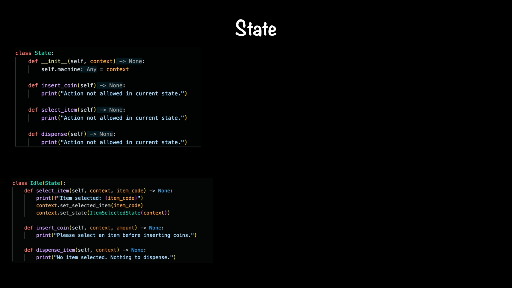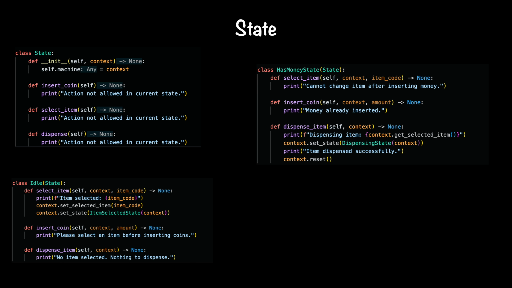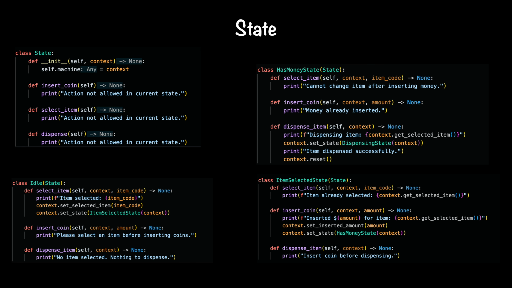We have idle state, which is inherited from the parent class state. Similarly, once the money is inserted, the vending machine will be in has money state, and so on. These are all the concrete states which are inherited from the state class.